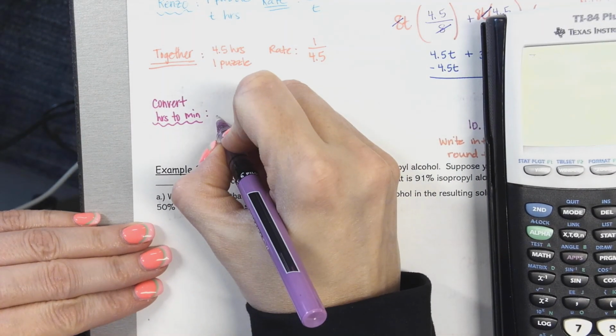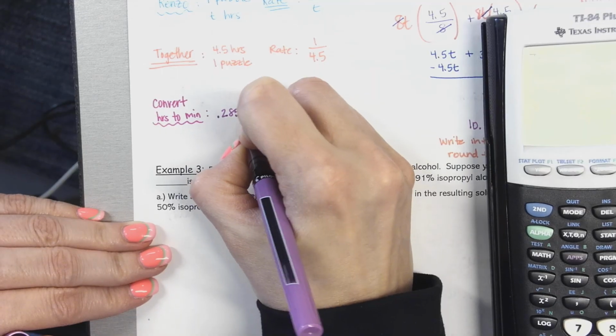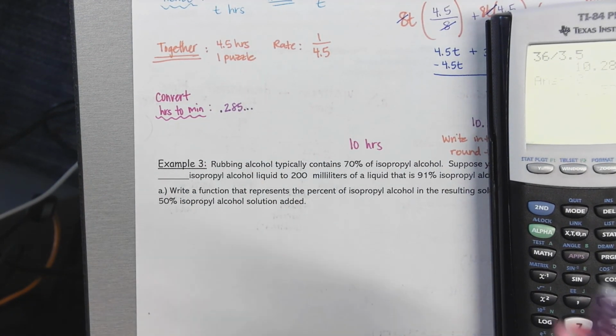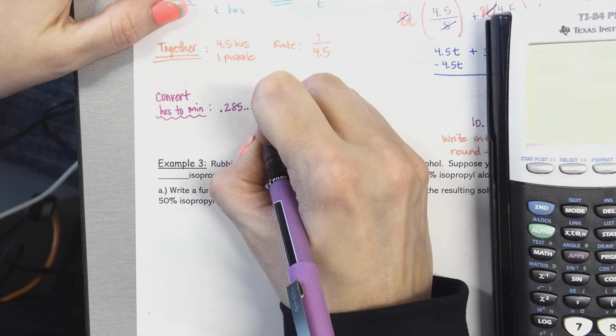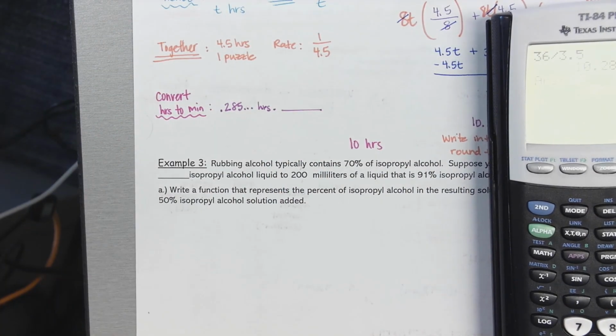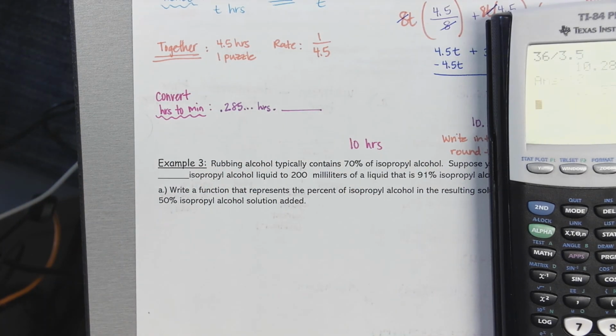The way that we show that it's the unrounded decimal is we put a dot, dot, dot. And if this is the time in hours, when you guys are setting up the conversion, how does that help you decide whether you're multiplying by 60 or dividing? Like, how do you know whether you're going to multiply by 60 or divide?